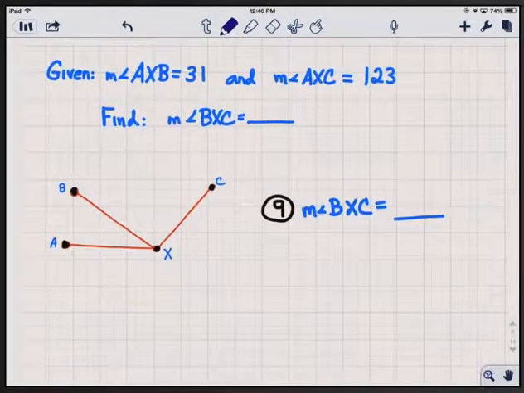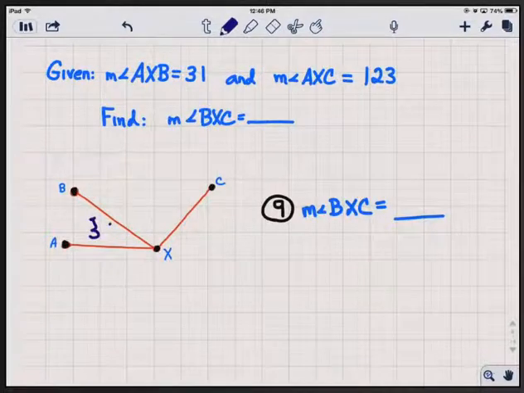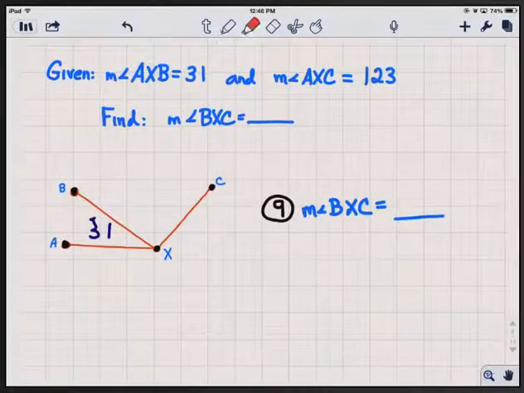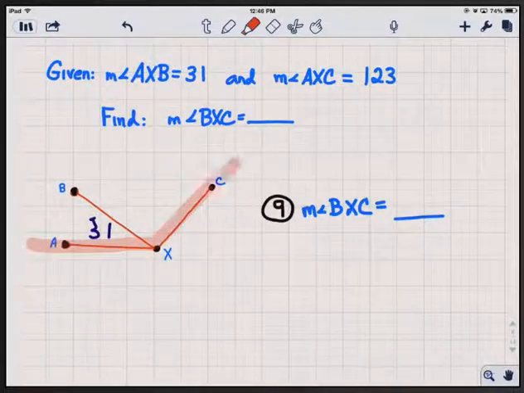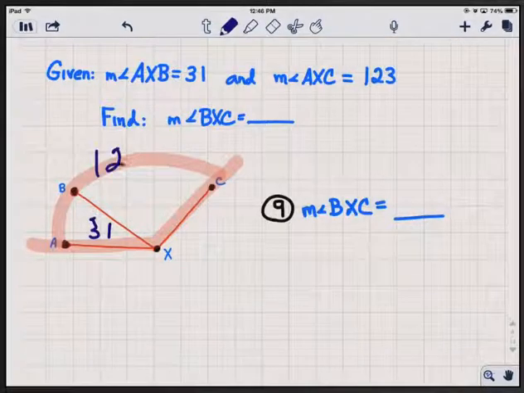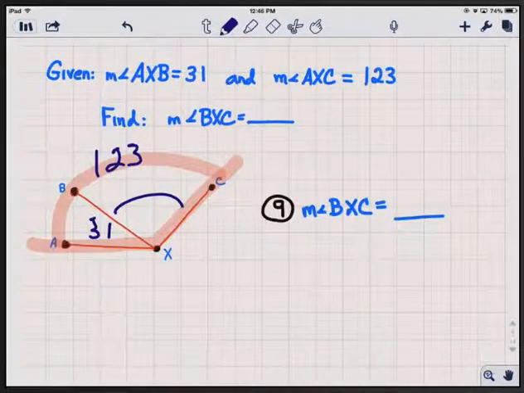Next problem, technically using the angle addition postulate: the measure of angle AXB is 31. The measure of angle AXC, this entire angle, is equal to 123. Find the measure of the angle adjacent to the 31-degree angle.